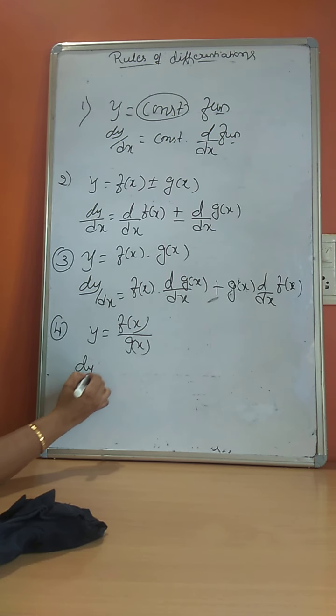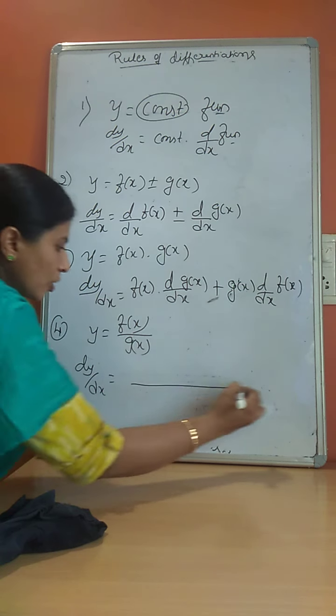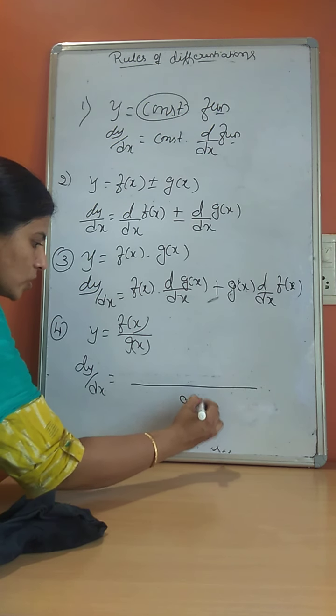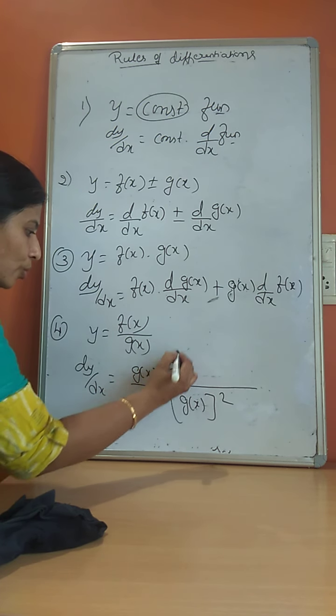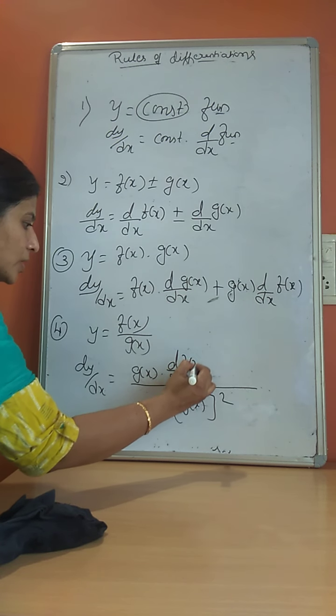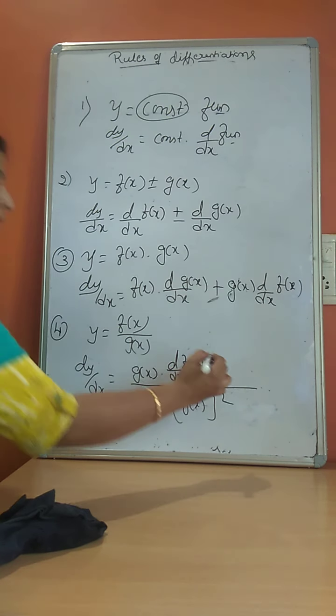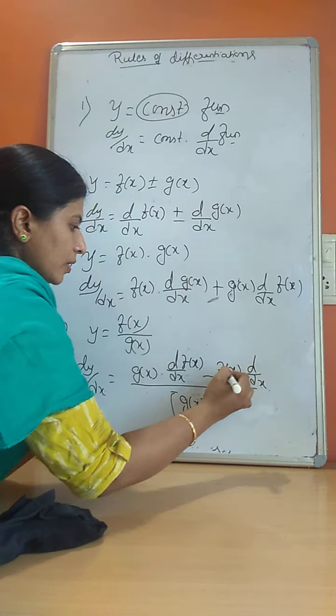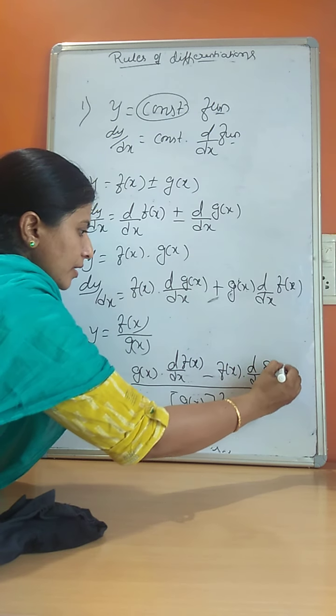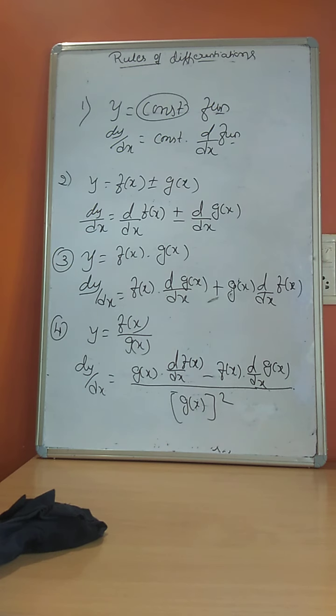What is the dy by dx? dy by dx is equal to, in the denominator square, g of x whole square. In the numerator, denominator into differentiation of numerator, here minus sign, numerator into differentiation of denominator. This is numerator, this is denominator. These are the very important 4 rules we are using in differentiation. It is very useful for both first year and second year. Okay, do you understand?